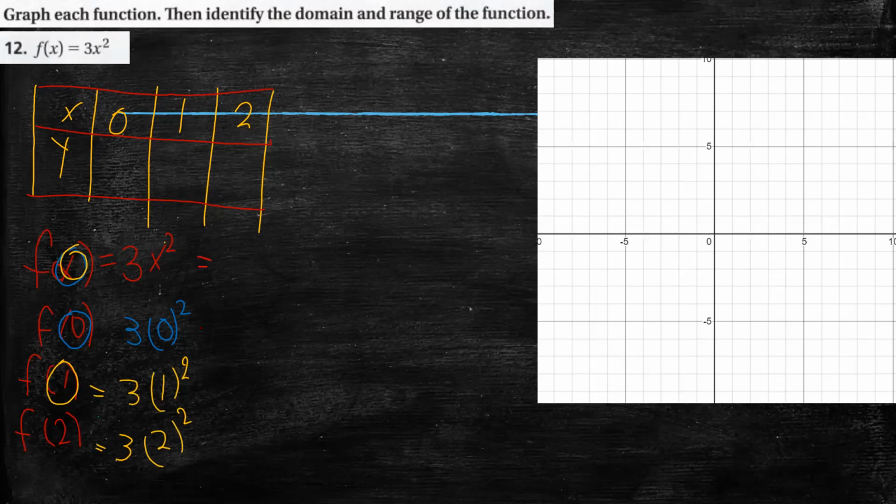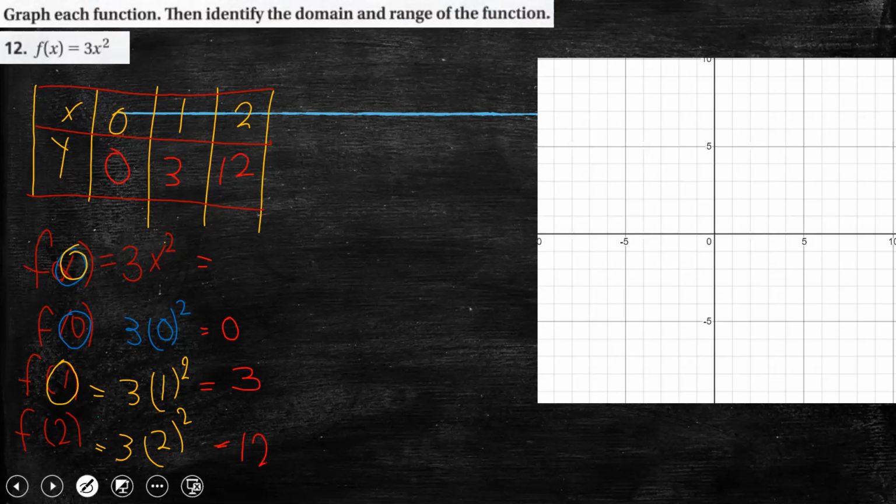Then 0 squared is 0 times 3, 0. 1 squared is 1 times 3 is 3. 2 squared, 4, 4 times 3, 12.